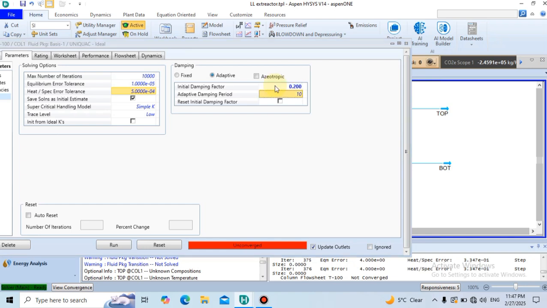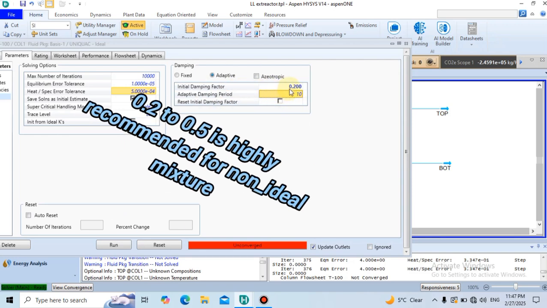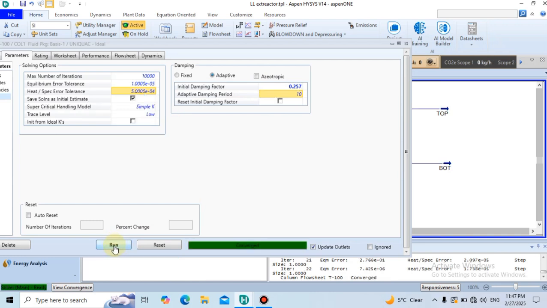The exact value of this initial damping factor depends on the circumstances, the criteria and the specific preferences you have within your simulation. In this case I'm going to use 0.2 to run my simulation.